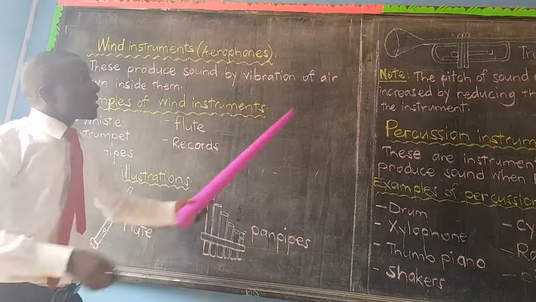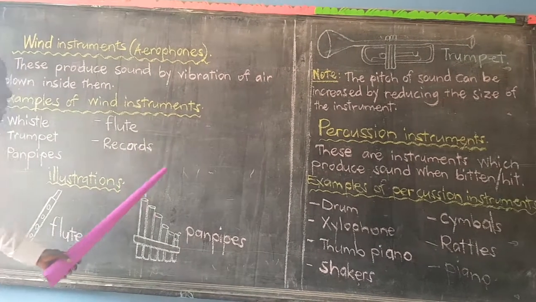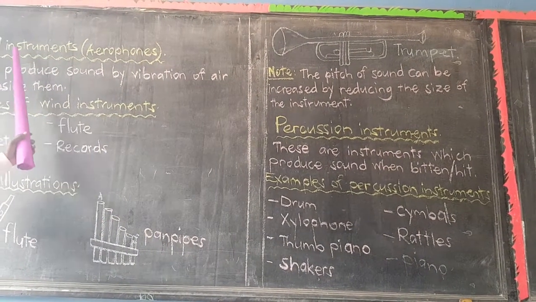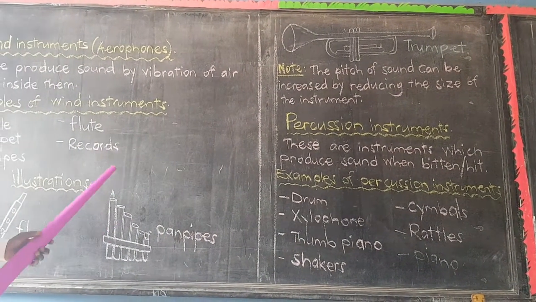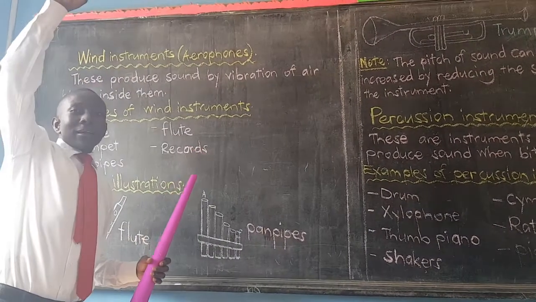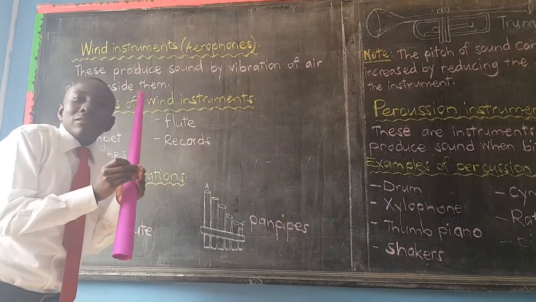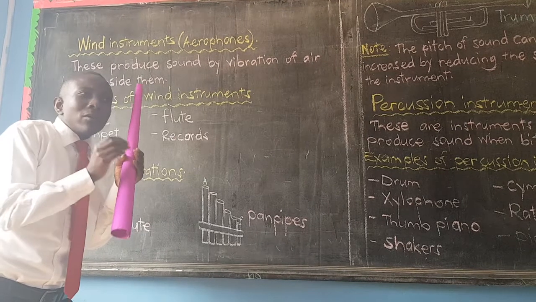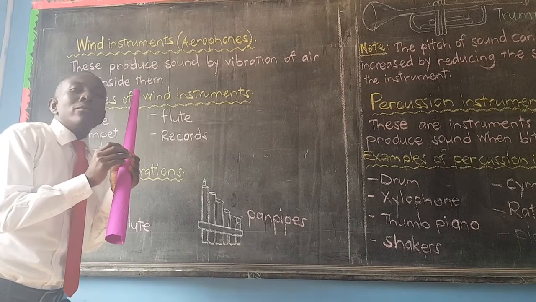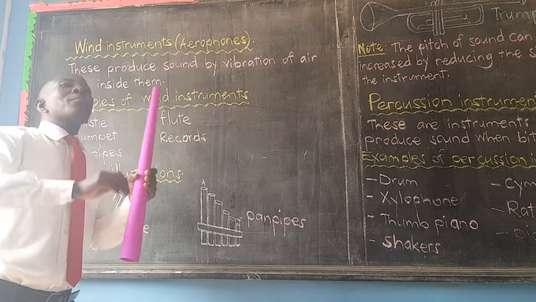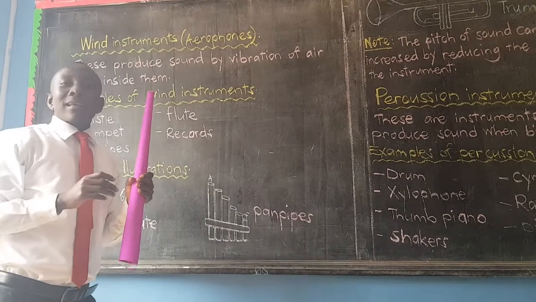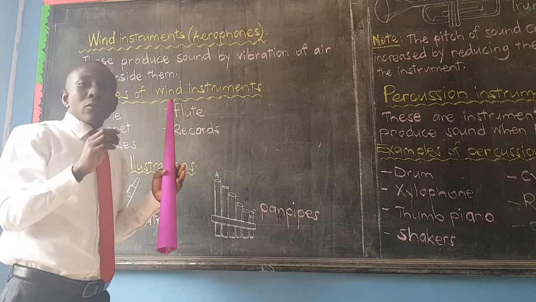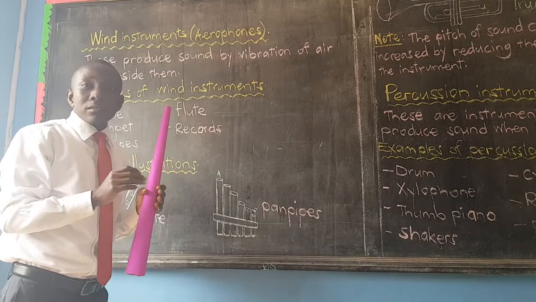So I'm saying the pitch of sound in wind instruments can be increased by reducing the size of the musical instrument. A smaller whistle will produce the highest pitch sound. Then the big whistle will produce the lowest pitched sound.